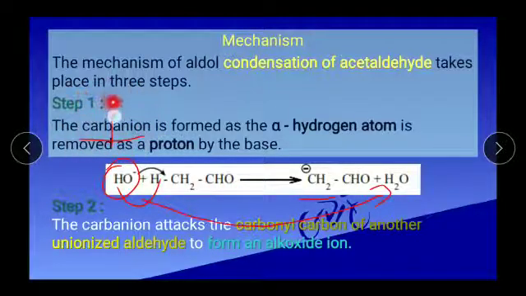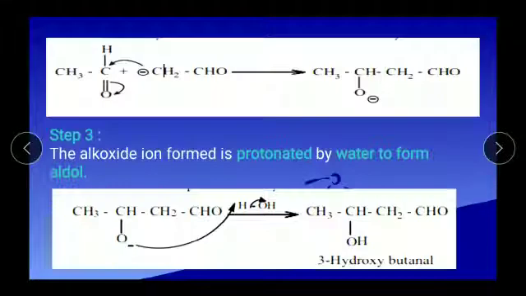This carbanion attacks the carbonyl carbon of the second aldehyde to form an alkoxide ion. The carbonyl double bond O becomes O minus. This is the alkoxide ion.